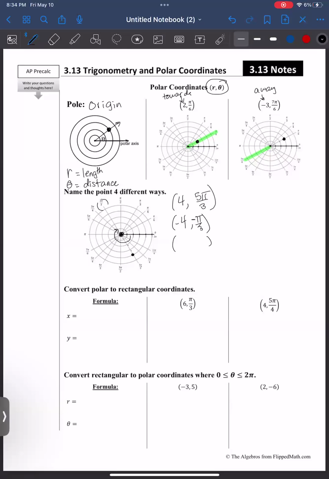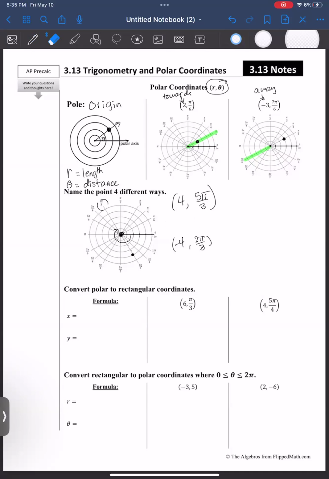So we're going in all the different directions. And then once again, this is -4. I actually did the explanation for this one, 2 pi over 3. The pi over 3 that I just did, this one here, is actually going to be a +4.